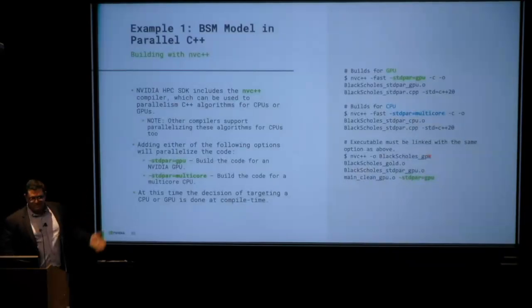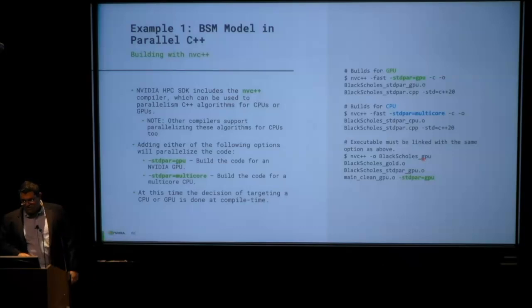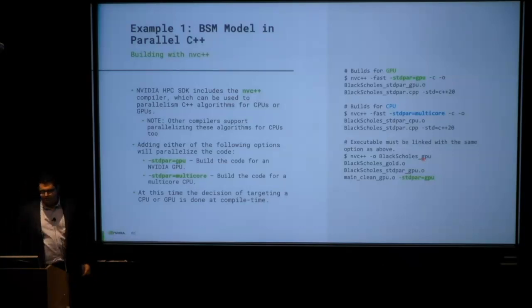Perfect. That's exactly what I was going to get to here. If you take that code where we did the for_each, now we're just going to compile it for GPU or for CPU. You're seeing here again, it's 100% C++ code. You can use other compilers here like g++, but nvc++ of course supports compiling to GPUs.